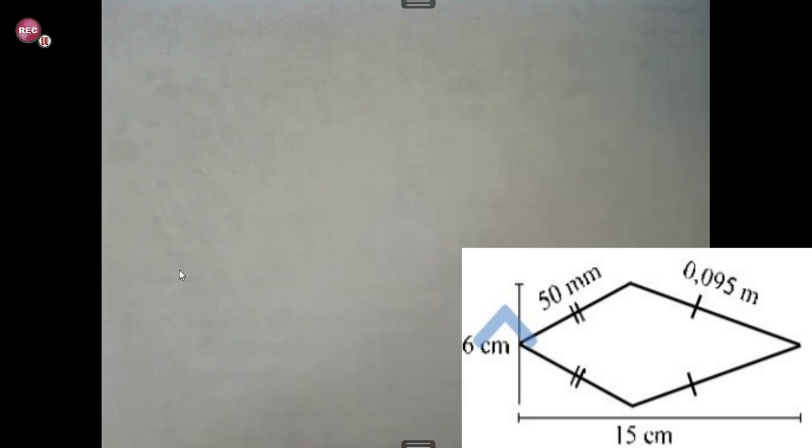Okay. Now, before you can even calculate the perimeter of the shape, you will have to go and convert the measurements to a measurement that is suitable to use. And in my opinion, because there is more than one measurement with the centimeter unit in it, I'm going to convert everything to centimeters, which makes it much easier to work with.